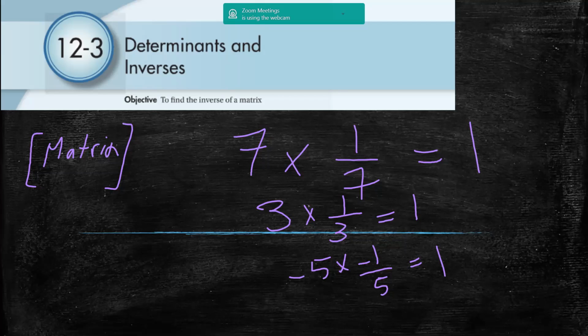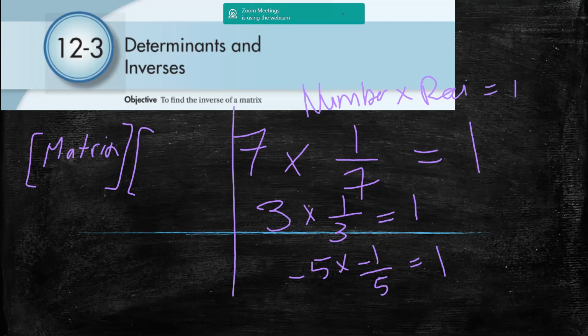Okay. So as we said here in numbers, the product of any number with its reciprocal is 1.